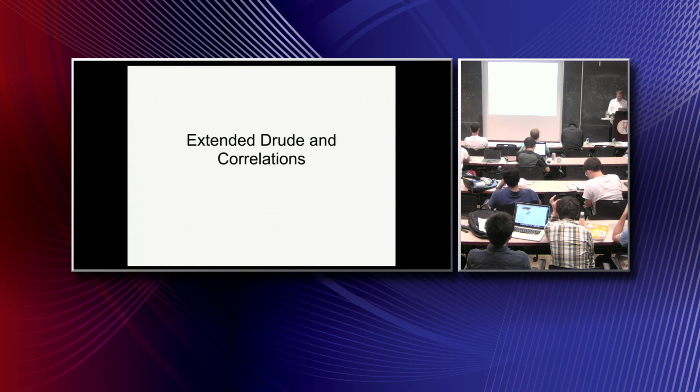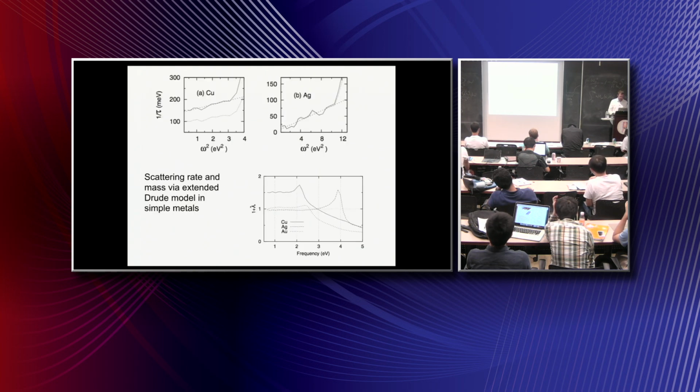Okay, now what else can we do with these systems? So I've talked a lot about this overly simple Drude model. We can make the Drude model a little bit better by writing down a slightly different extension of it, and I alluded to this before, of what one might call the extended Drude model.